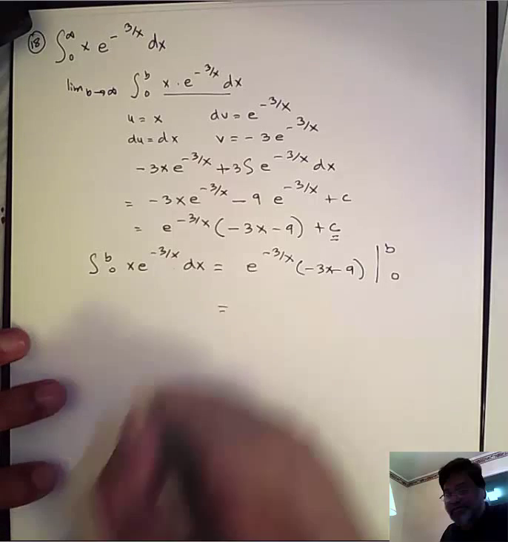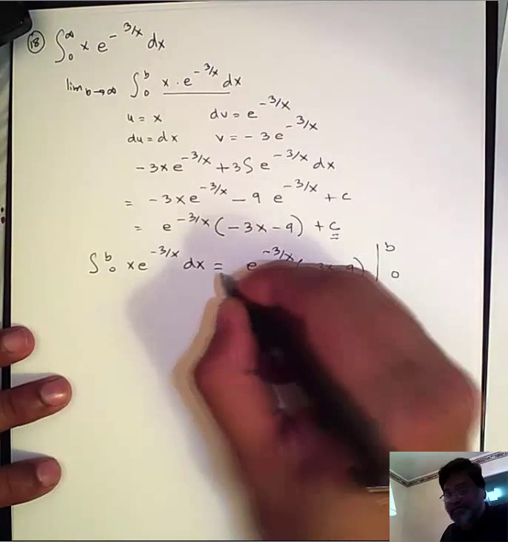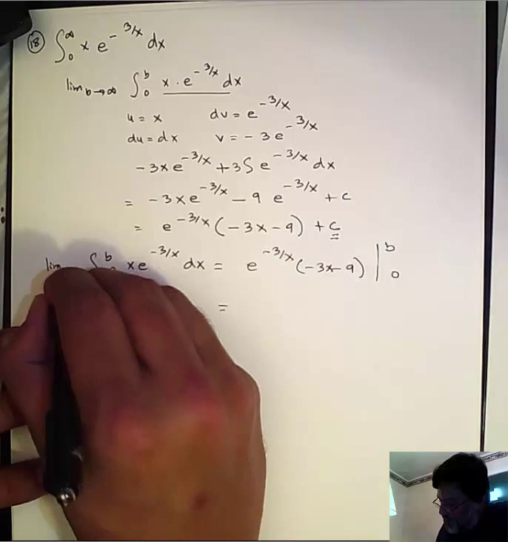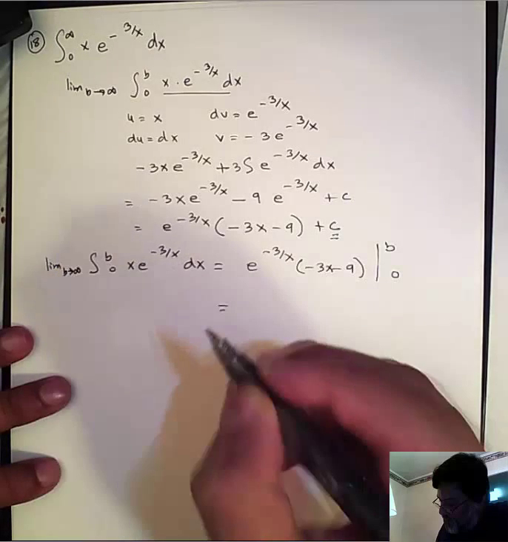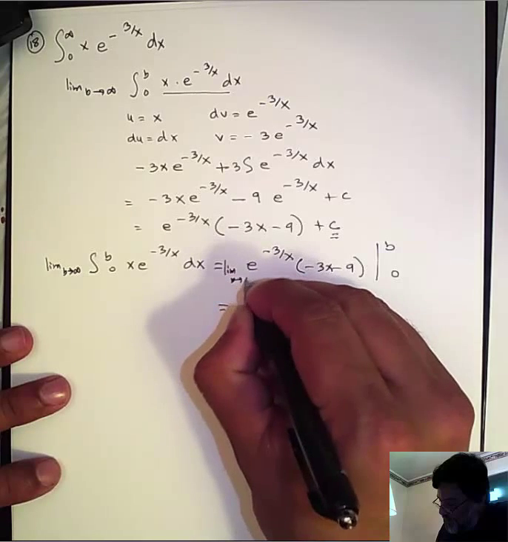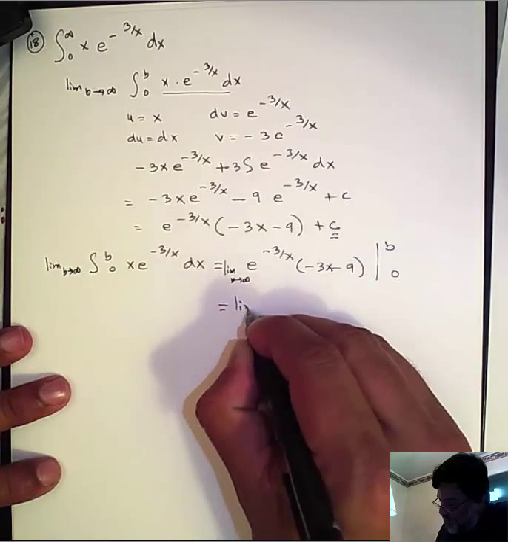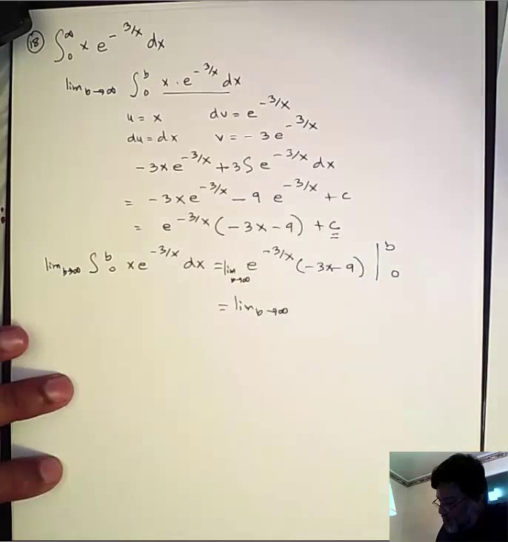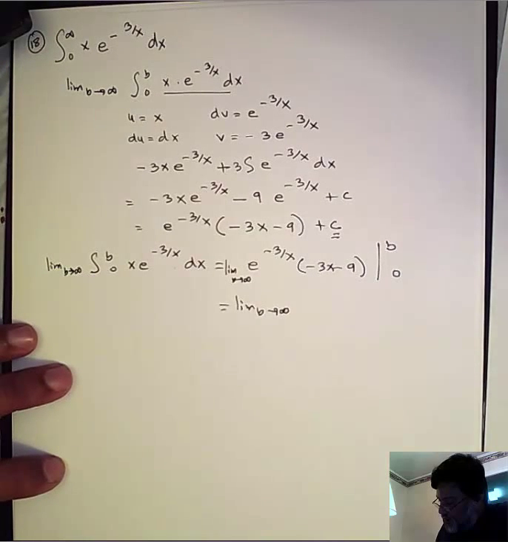okay, and then we have the limit always. Let's plug in b and 0. So tell me, what do I get?